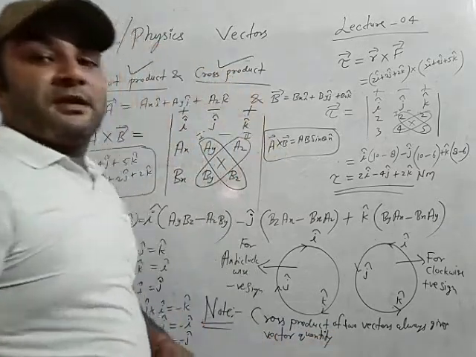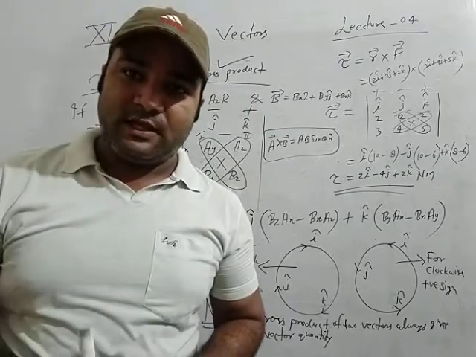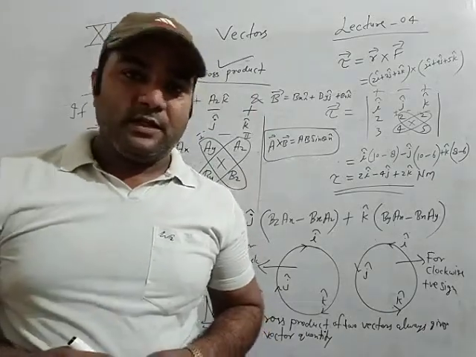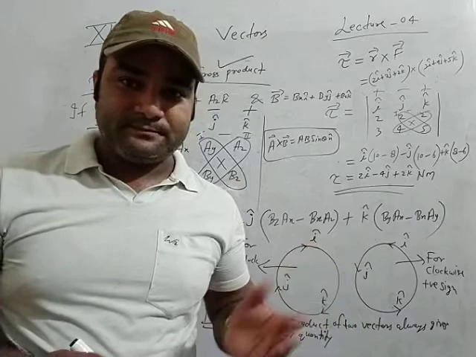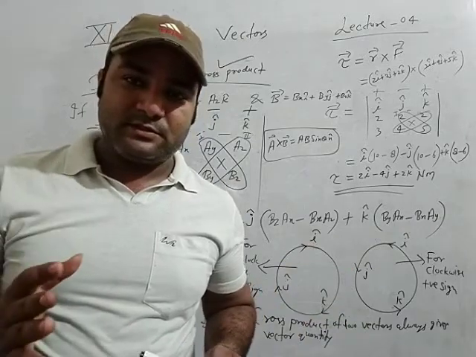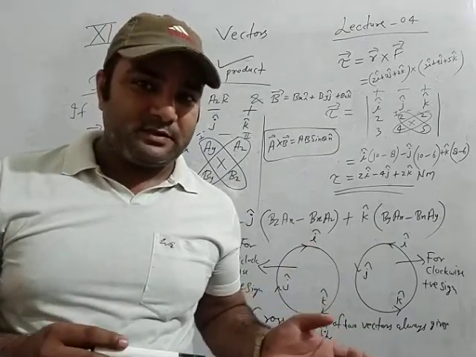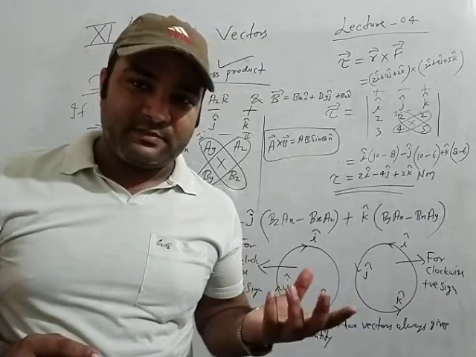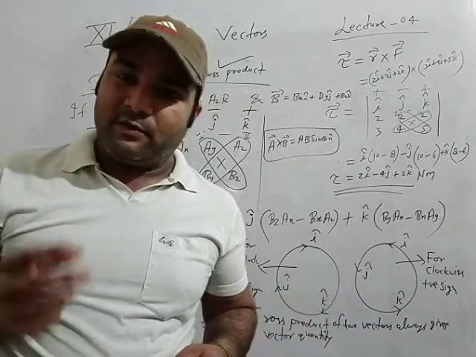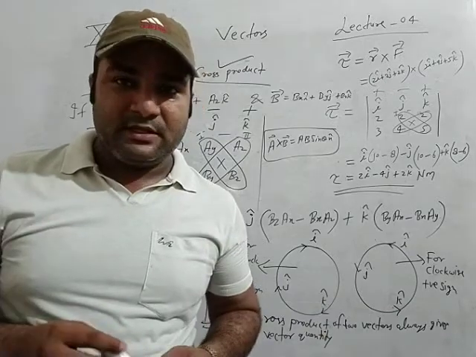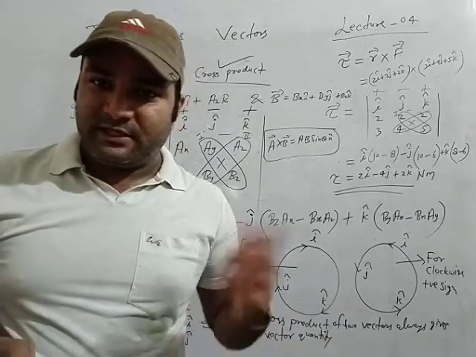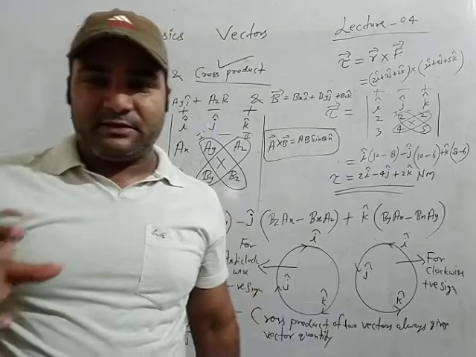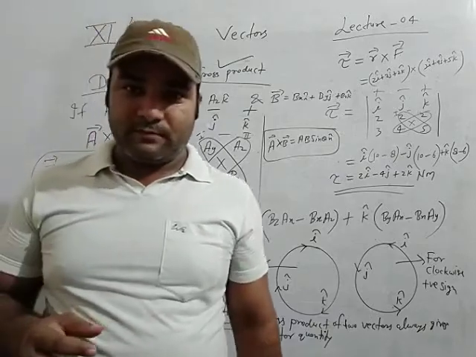Listen again. Cross product of two vectors always gives what? Vector quantity. And for the direction of the vector, suppose the two vectors lie in the x-y plane, then the direction of the vector obtained by the cross product will lie along the z axis, either in positive direction or in negative direction, which is estimated with the help of the right hand screw rule.